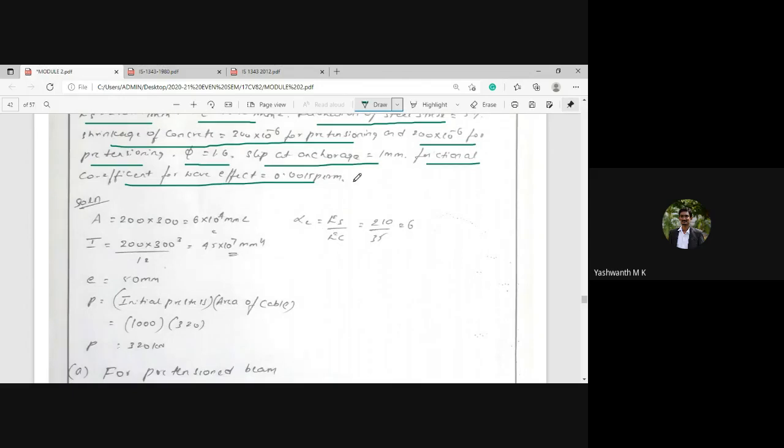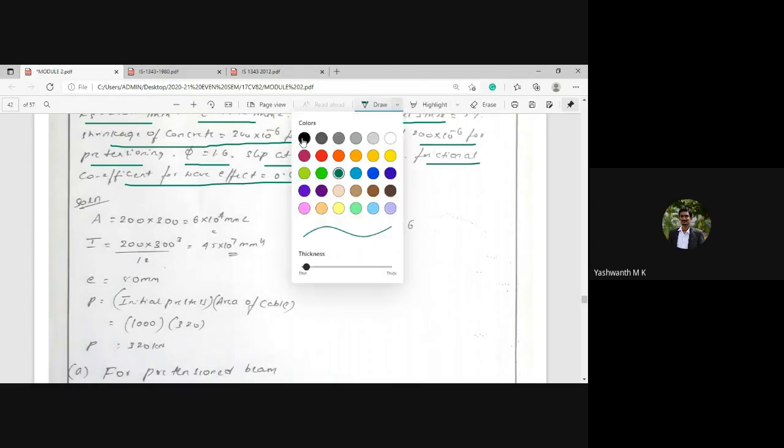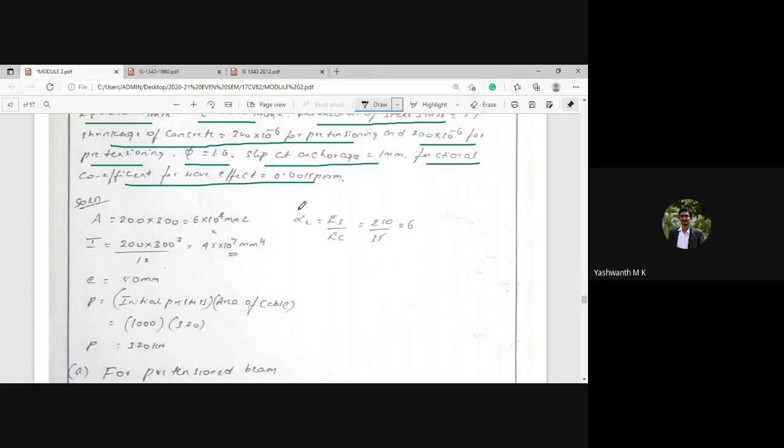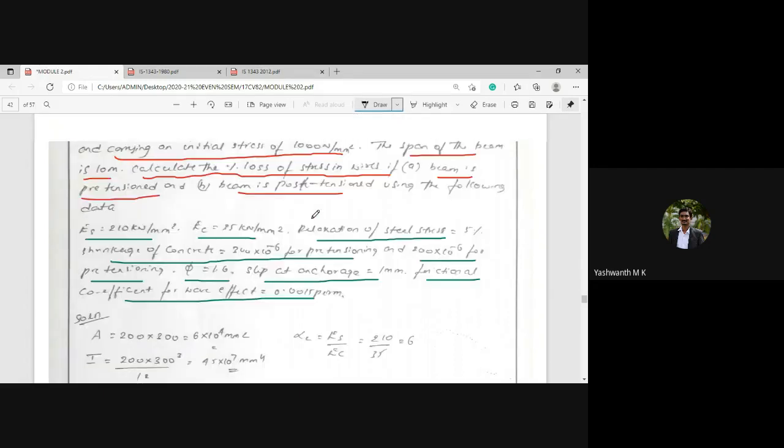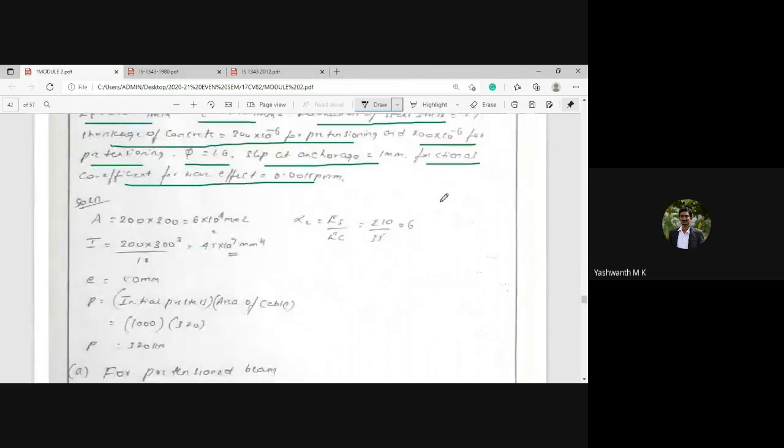As I keep on mentioning, let us first calculate the sectional properties. Since it is a rectangular section of dimension 200 millimeter wide and 300 millimeter deep, this is 200 millimeter wide and 300 millimeter deep. So this is the beam.